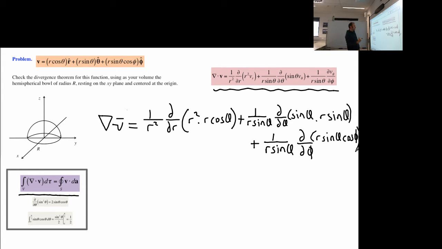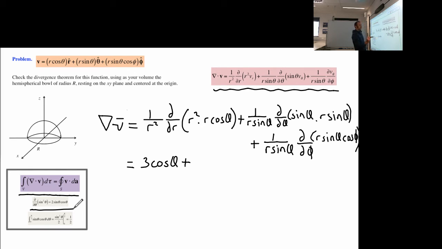Okay, so let's work through this. When we break it down, we have r cubed cos theta, so the derivative of that gives us 3r squared. The r squared will cancel, so we're left with 3 cos theta, plus the derivative of r sine squared theta. The derivative of sine squared theta is equal to 2 sine theta cos theta.